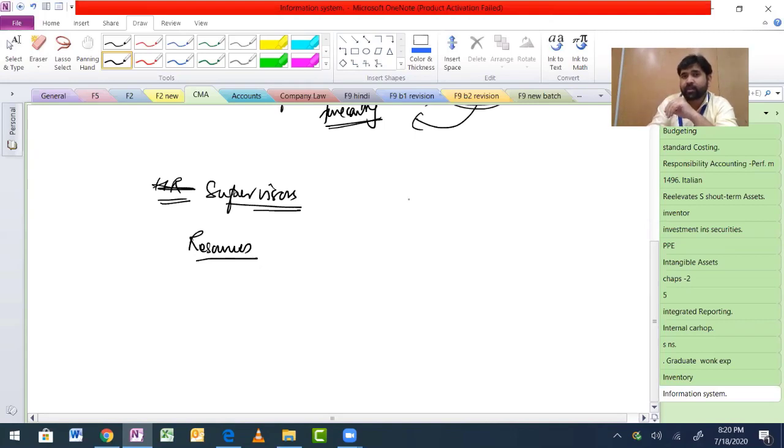For example, when I was in PwC, my team leader, my assistant manager, we were a team, and he had to allot work. He would get the work from the system, where all the clients put their requests.